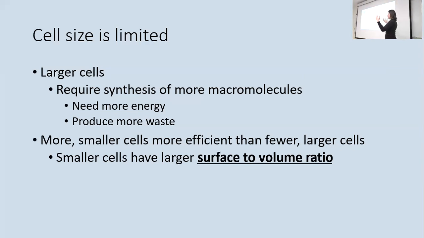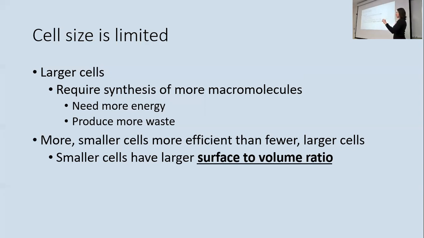So it's kind of like doubly bad, right? Because it's taking longer to get what it needs, but it needs more, and then it's making more waste that then has to get out of the cell. So basically, if we're talking about evolutionary success, right, it is more efficient, more successful to have more smaller cells than fewer larger cells.